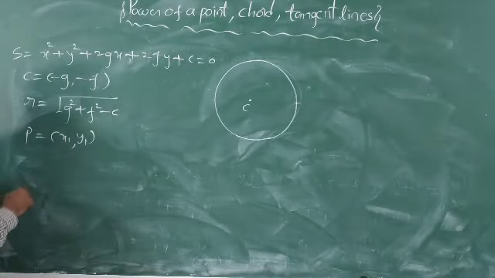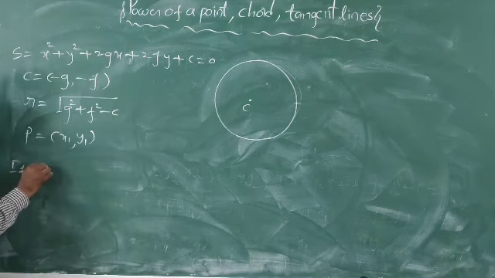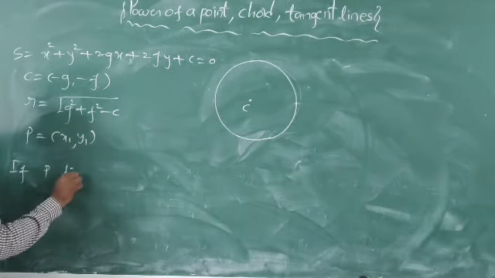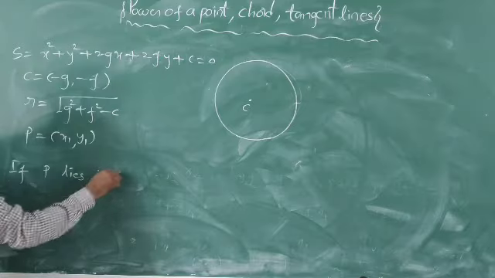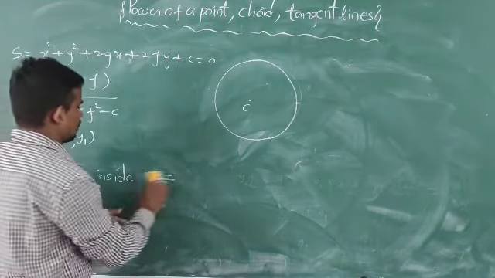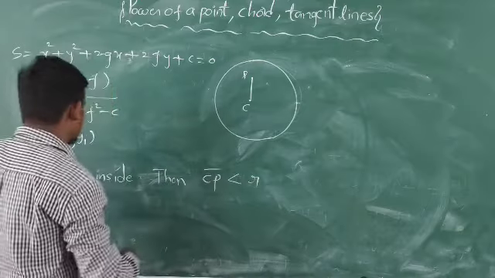When we take it like this, it's very easy to understand. If P lies inside, what happens then? The distance between the point and the center, CP, is absolutely less than the radius.